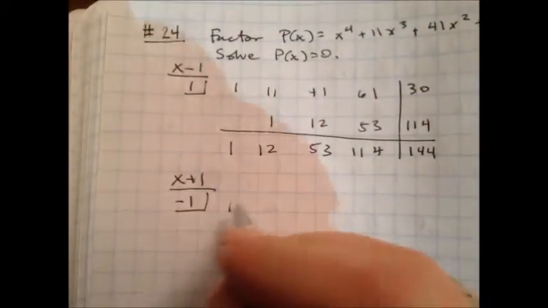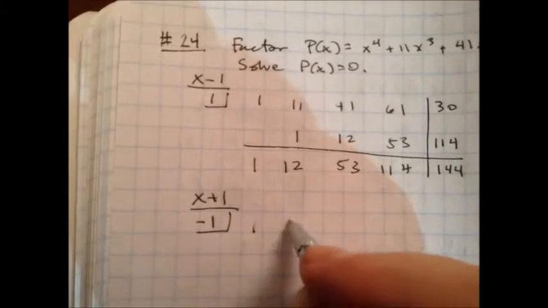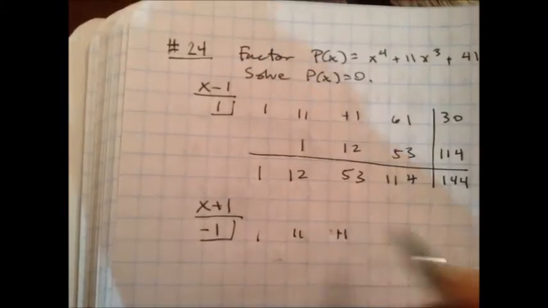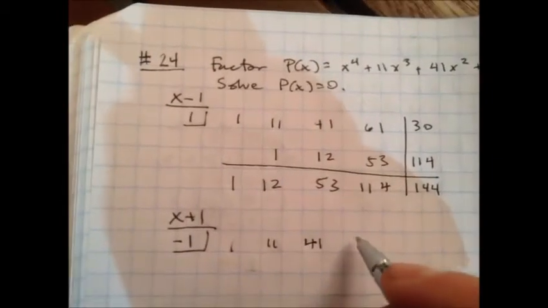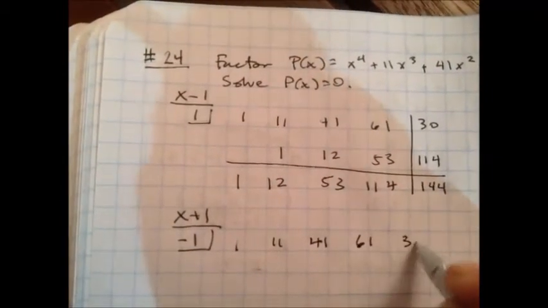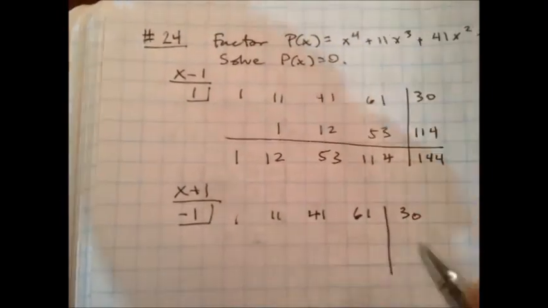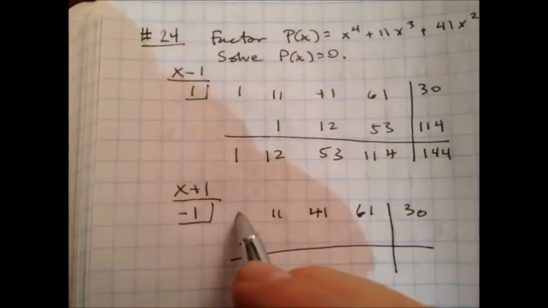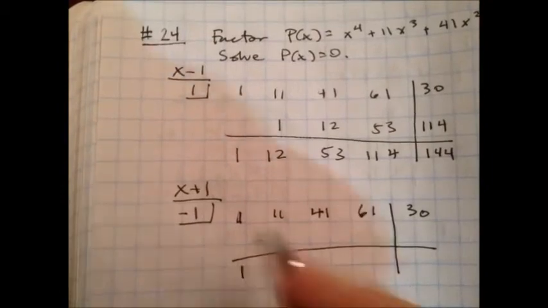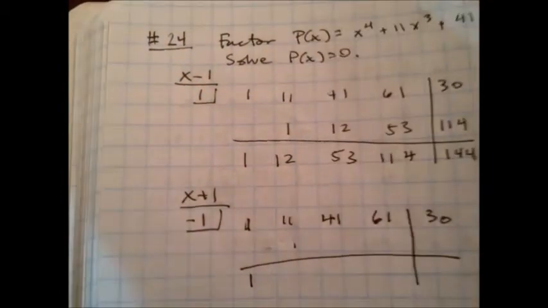Again, I use 1, 11, 41, 61, and 30. So then we do that. We bring down the 1, that's negative 1.